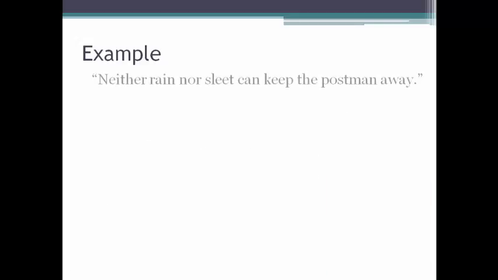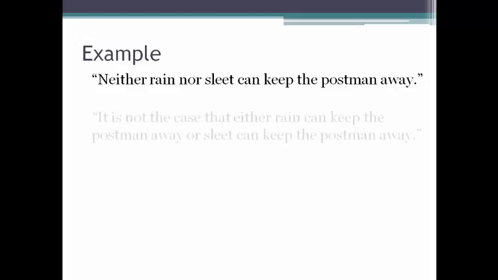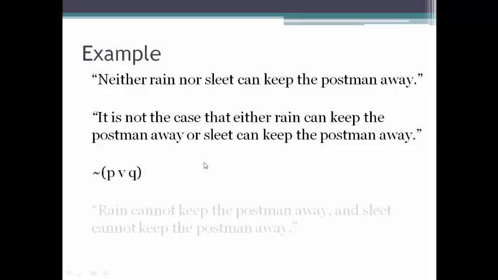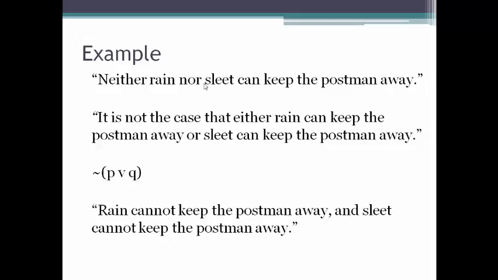Before moving on from this example, let's look at one more thing about this neither rain nor sleet can keep the postman away business. We translated that into it is not the case that either rain can keep the postman away or sleet can keep the postman away, and that we translated into symbols as not the case that P or Q. But we could have also translated neither rain nor sleet can keep the postman away into rain cannot keep the postman away and sleet cannot keep the postman away.